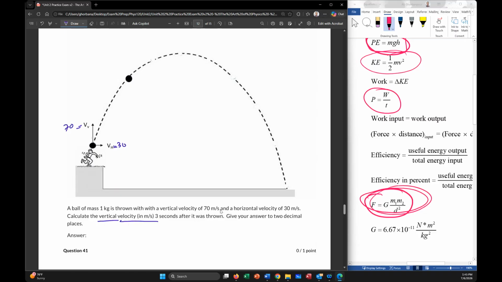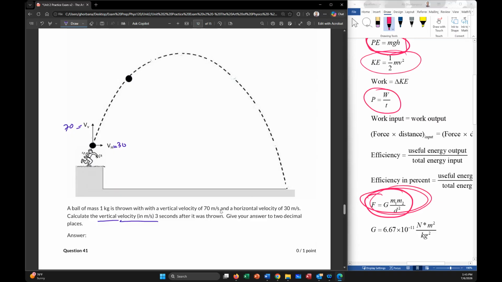You remember the vertical velocity is slowing down and then speeding up. Go up, slow down, go down, speeding up. But horizontal velocity is always constant. You remember last time we said that every second the velocity slows down 10 meter per second?